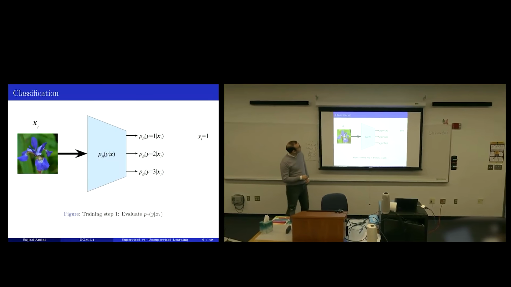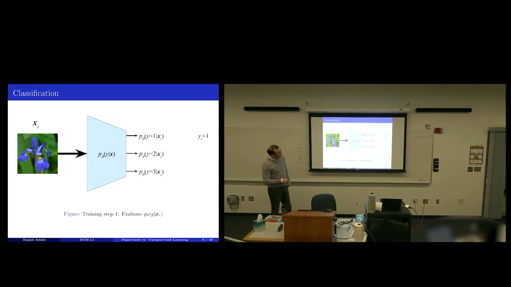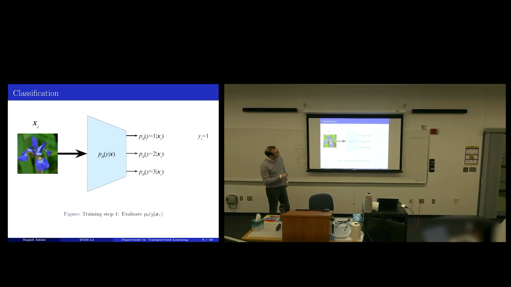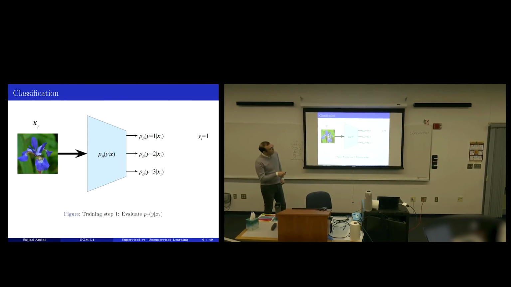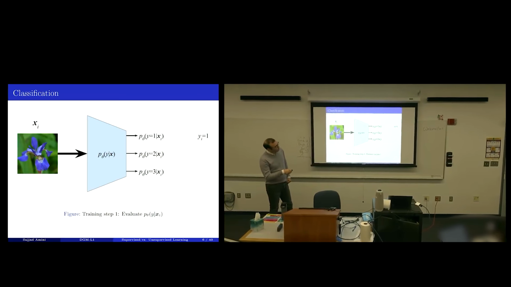What happens? In the training phase, you enter one of those observations into your model. This is a model, and the output of the model assigns a probability for different outputs for y equal to 1, 2, and 3, and you have a reference output.